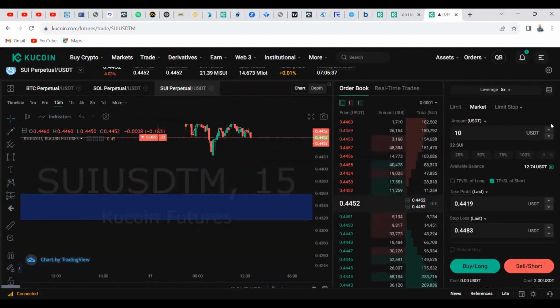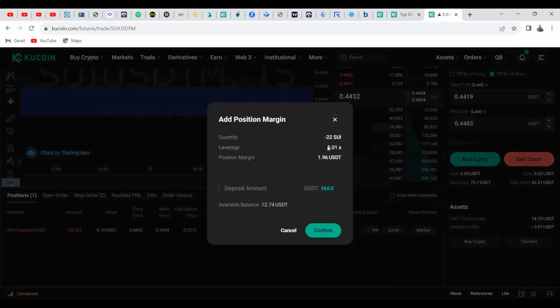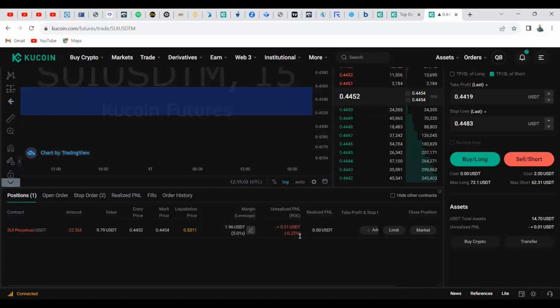And so down here, as I've alluded, this is where you would now get all of your information. Okay, so this is your unrealized P&L. Once I decide to close this position, it would then be realized. Okay, so for example, here you can see that I'm on 5x leverage, and unrealized P&L is minus 0.22.